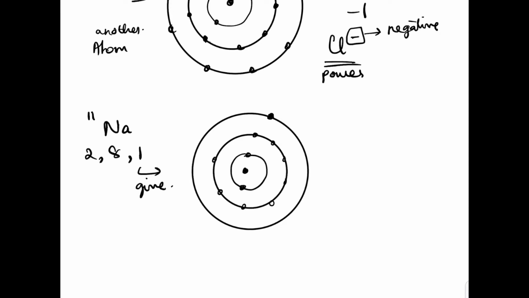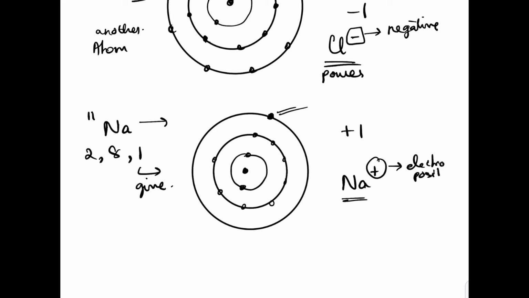Chlorine was taking, but sodium is giving the electron because it's not efficient for it to gain more electrons. So it has a valency of +1. After it loses that electron, it becomes positively charged, and this is how you would write the sodium ion. So sodium ion is electropositive.